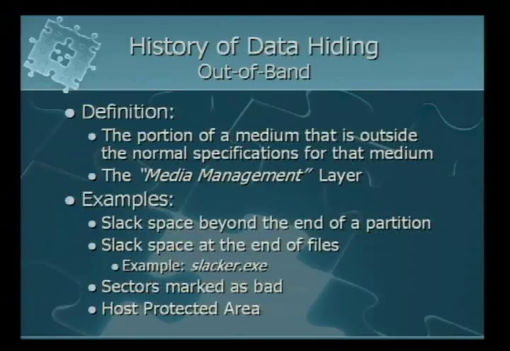You could take a hard drive and mark certain sectors as bad, and they would no longer be within the realm of normal use, but they might still be able to store data. And finally, host protected area. I'm not going to go into that too much, but basically, modern hard drives present one amount of data to a system, but underneath they can actually store more data. They can have system management information stored there and whatnot.